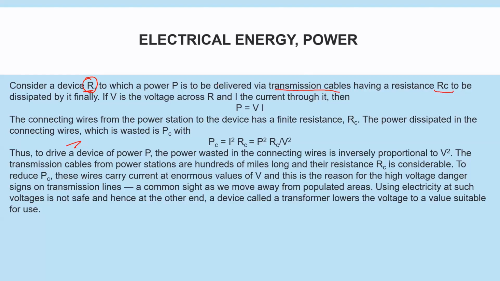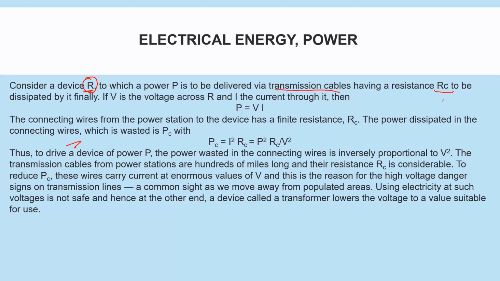The power that is generated because of the current that is passing through the transmission cables of RC will be dissipated, as we saw. But how do we minimize the power loss so that the required amount reaches the device R?